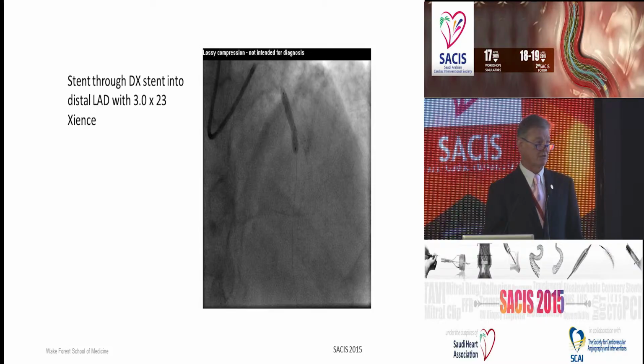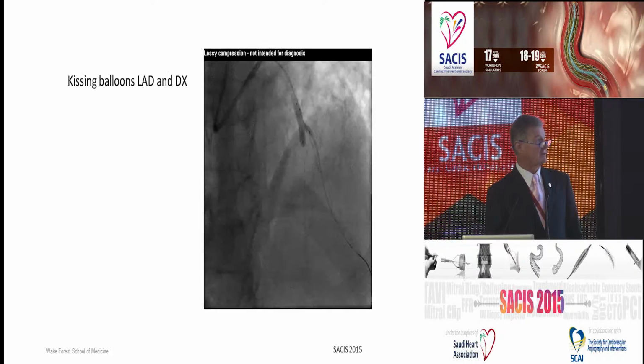So essentially the analogy of performing a balloon inflation of the side branch, in which case this is the parent. Here we can see that a Zion stent is placed in the main channel through the struts of the stent in the diagonal vessel. Here's a final kissing balloon inflation of the LAD and diagonal vessels.